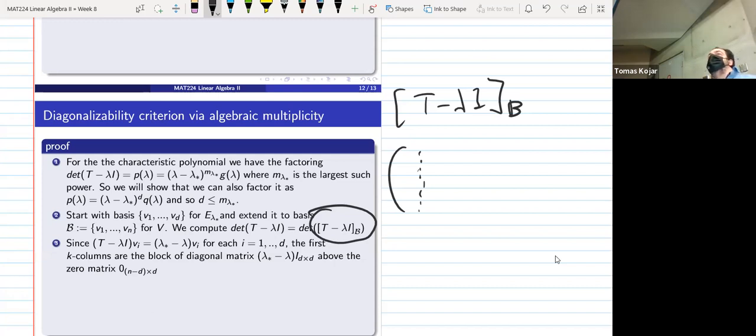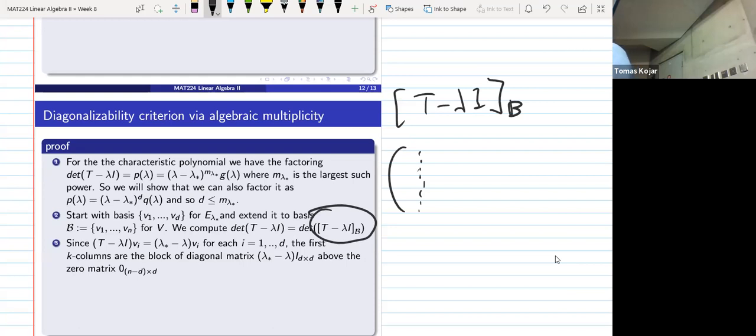What's the definition? Forget about all this, B is specific. You don't have to give me the final answer. Just what's the definition of the first column?